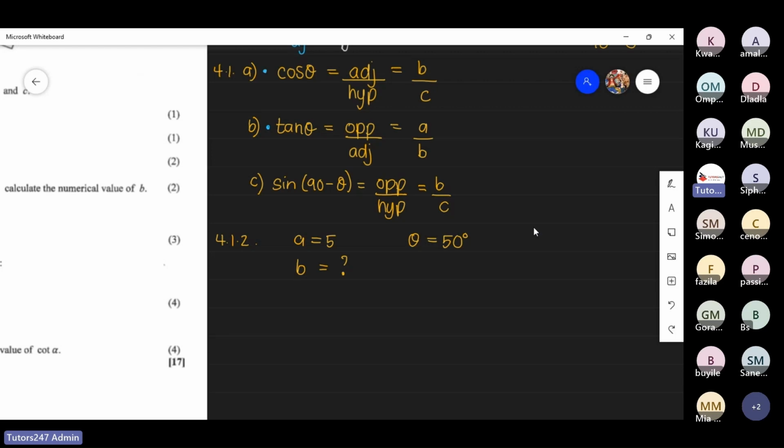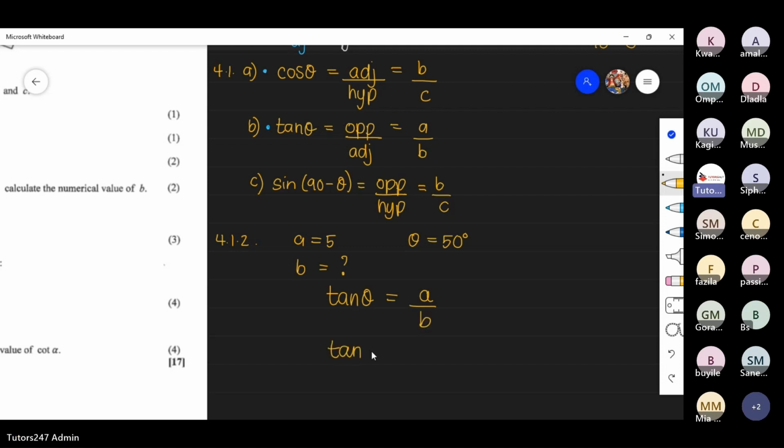So let us start. We're going to use tan theta equals A over B. We know that theta is 50 degrees and A is 5, B is unknown. We leave it as B. So that is now our new equation.